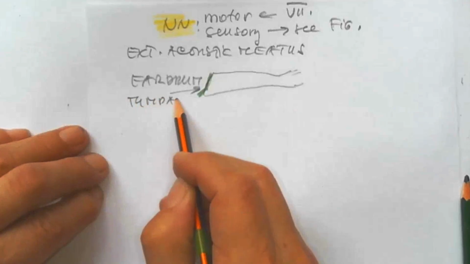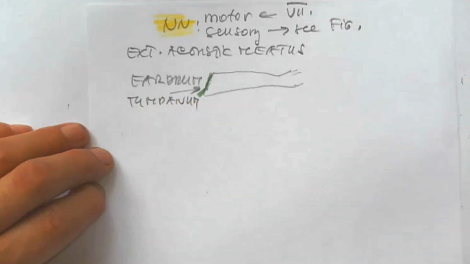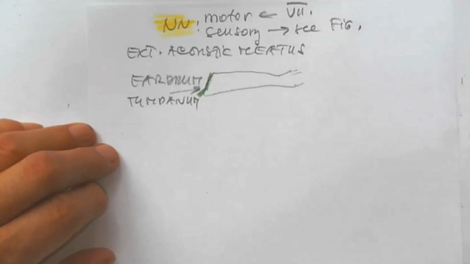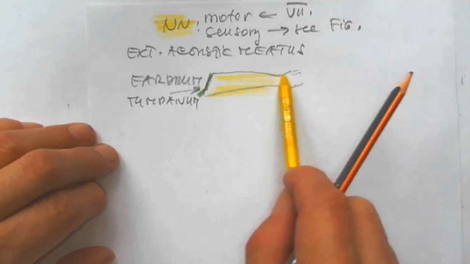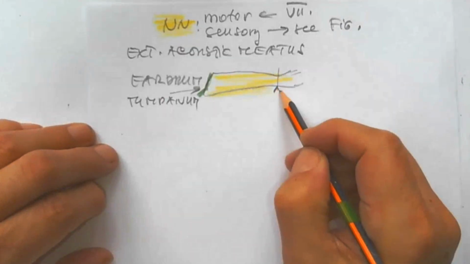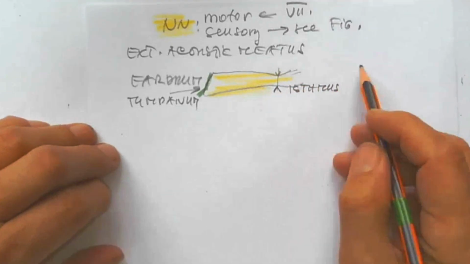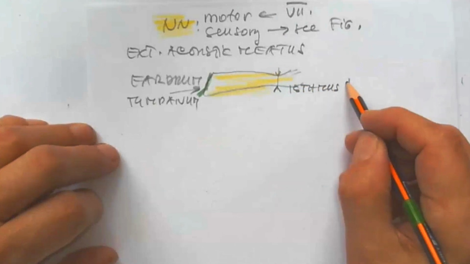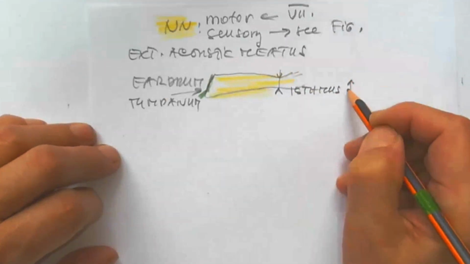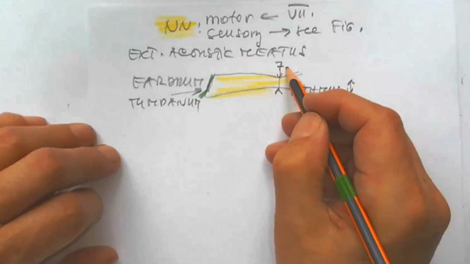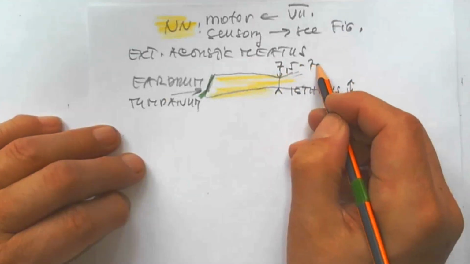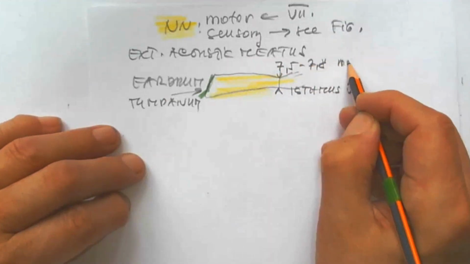Tympanum also. Tympanum is the international name. You see the channel, which is narrower here. We call it isthmus inside, and the dimension of the isthmus is approximately 7.5 to 7.8 millimeters.